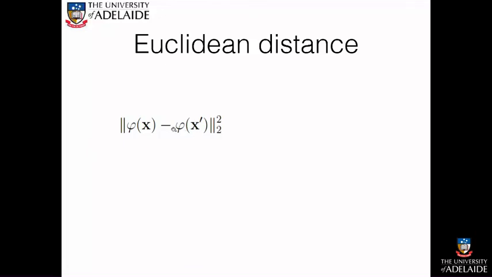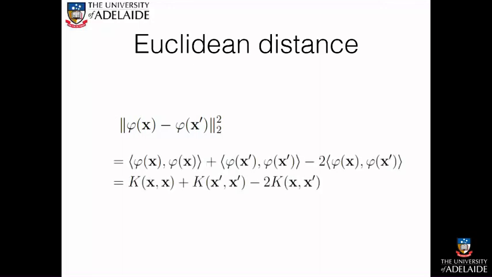It turns out we can kernelize this. We do not need to know the function phi explicitly. All we need to do is expand the original term, and it only depends on this inner product. So we can easily calculate this Euclidean distance using the kernel function.